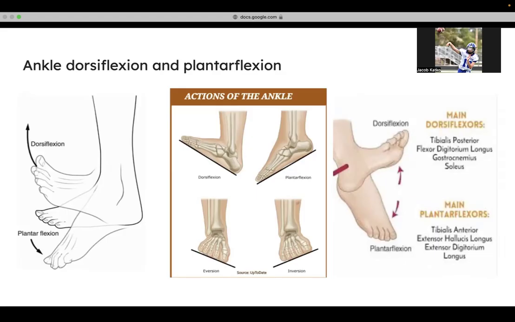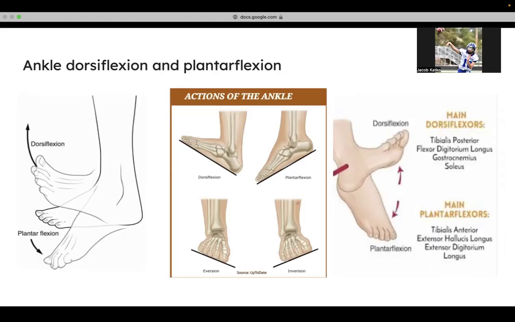So a high ankle sprain would be an eversion movement, and then dorsiflexion and plantar flexion usually are causes of calf strains or Achilles injuries, just depending on the way the ankle moves.